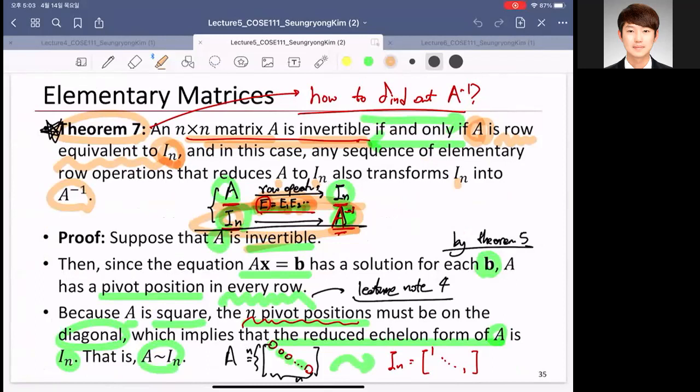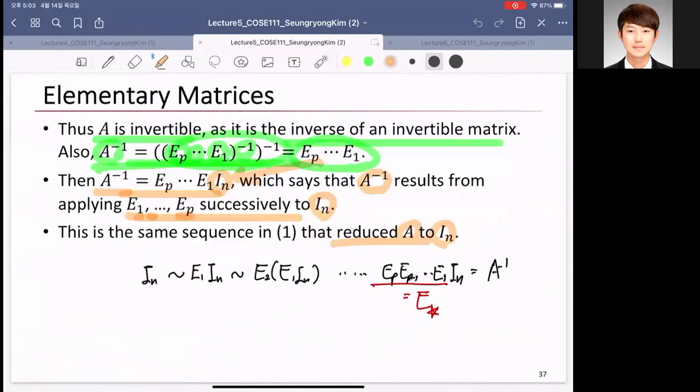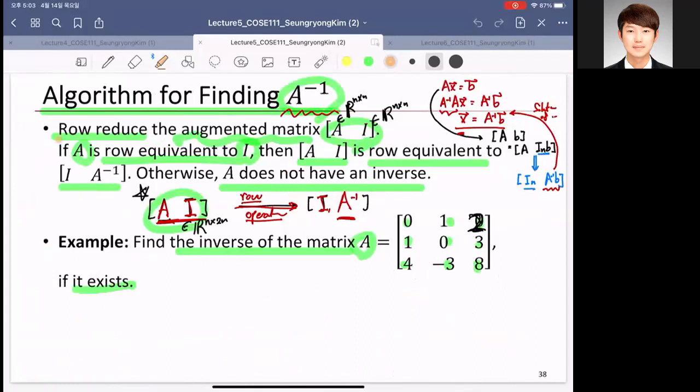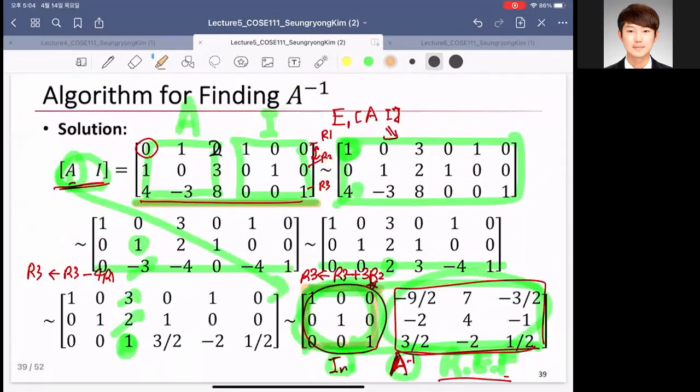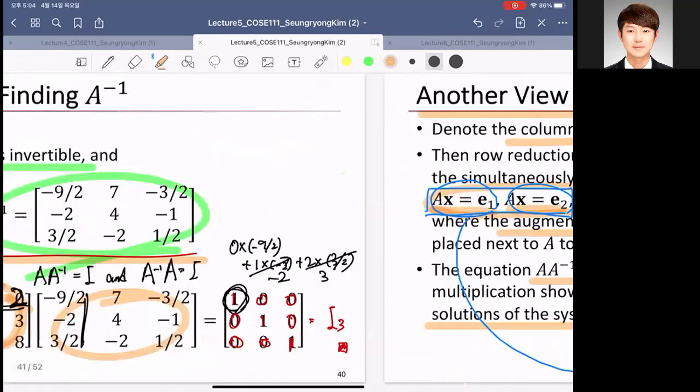In that case, any sequence of elementary row operations that reduces A to I_n also transforms I_n to the inverse of matrix A. To use this technique, we row reduce the augmented matrix [A I]. If A is row reduced to the identity matrix, then A is invertible, and I is transformed to the inverse of matrix A. Here was the example of finding the inverse of a 3x3 matrix A. We row reduced the augmented matrix, and when the 3x3 part A was reduced to the identity matrix, the other part was the inverse of matrix A.